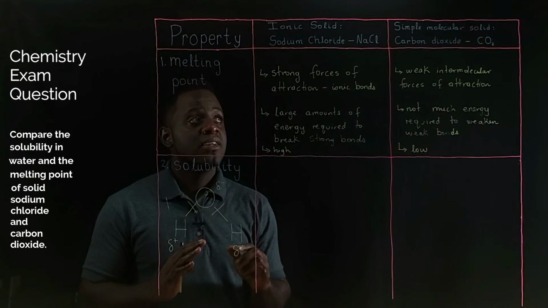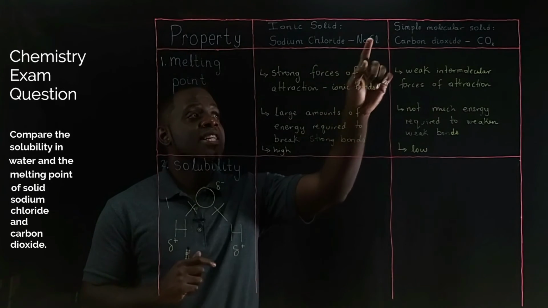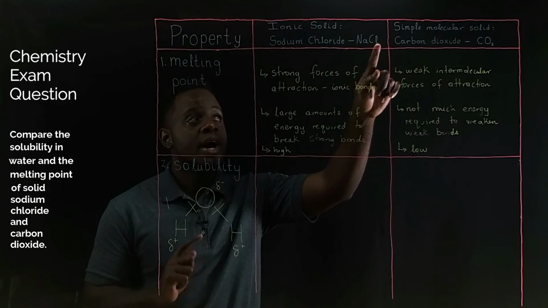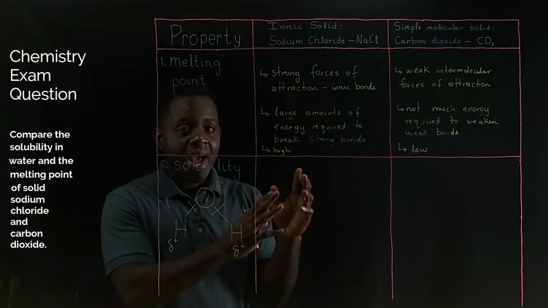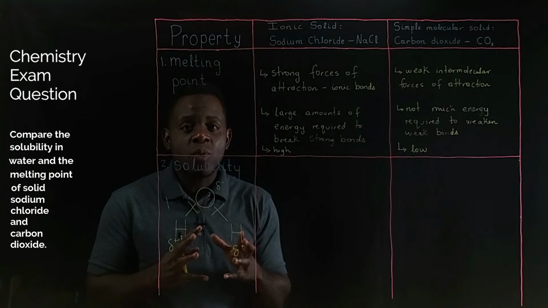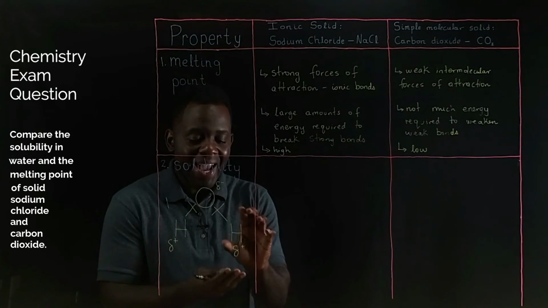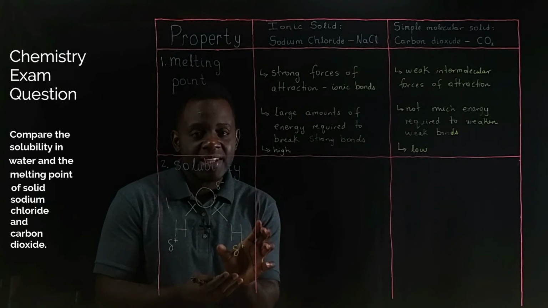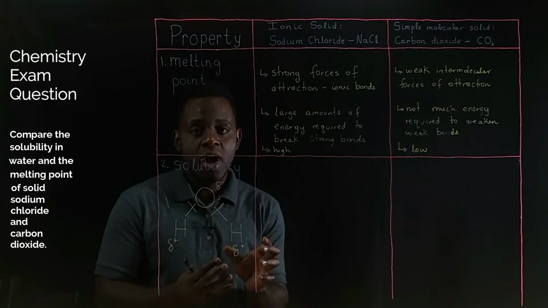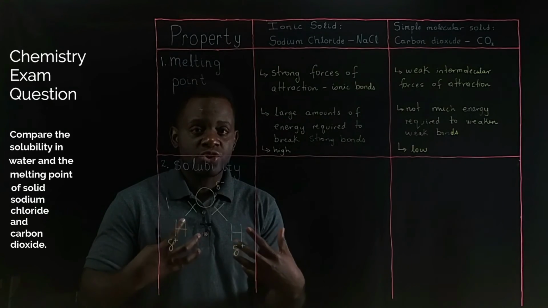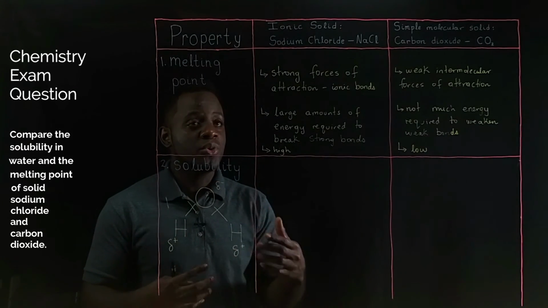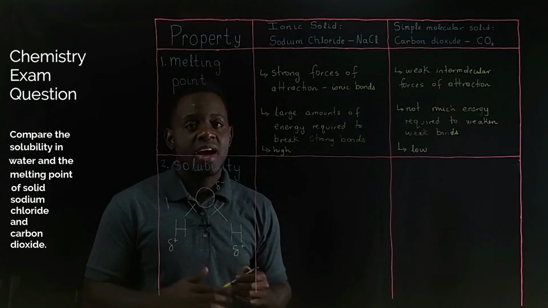And the opposite is true for the negatively charged anion, in this case the chloride ions. Those ions will be surrounded by water in such a way that the hydrogen atoms in the water molecule, which are slightly positively charged, will be attracted by weak forces to those negatively charged anions.